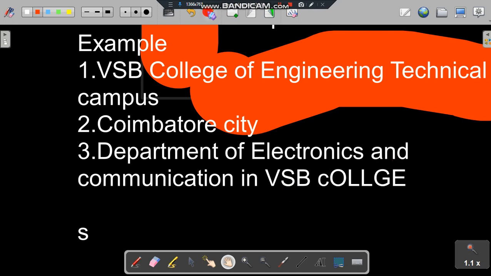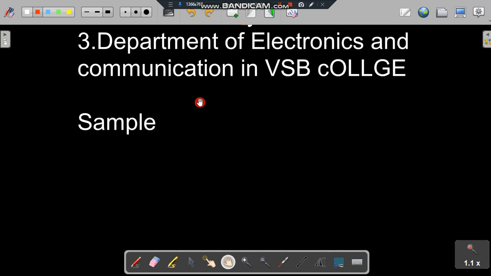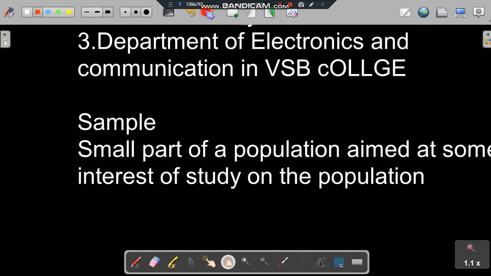Now, after understanding what a population is, let us look at the concept of a sample. What is a sample? A small part of a population is called a sample. But we should not say just any small part.